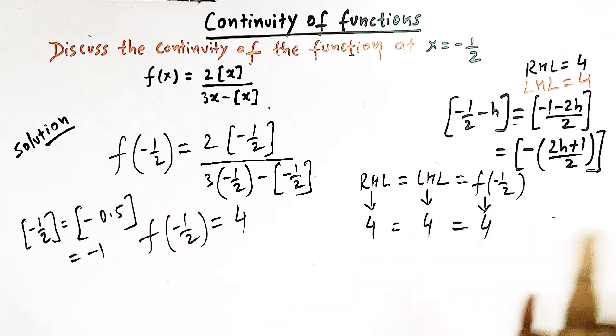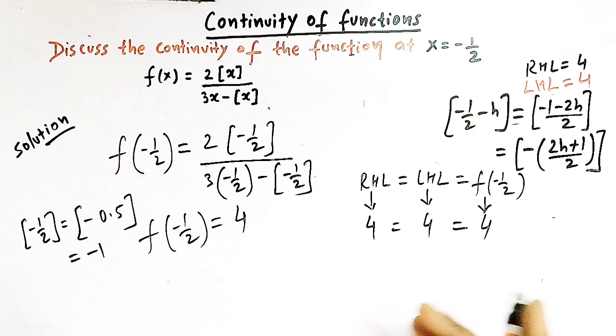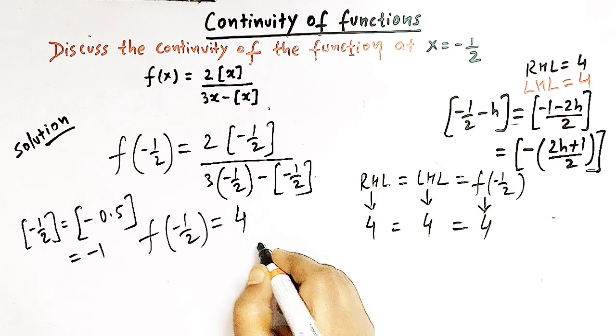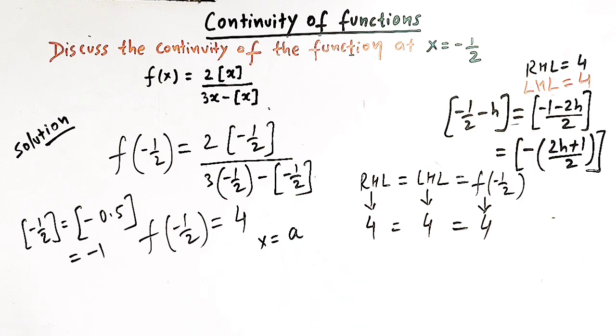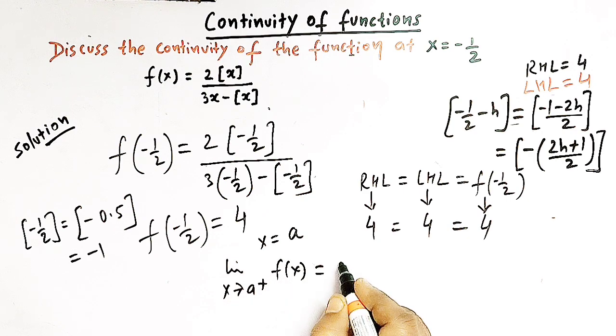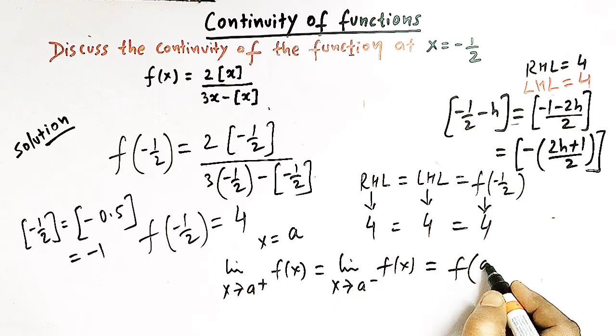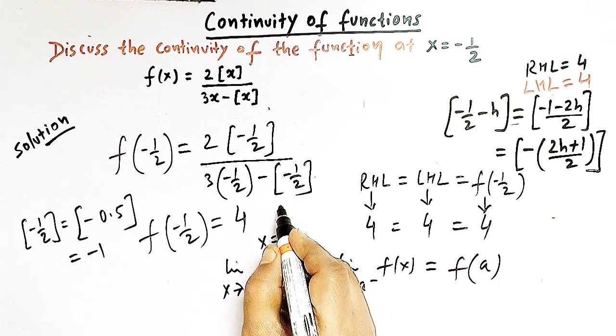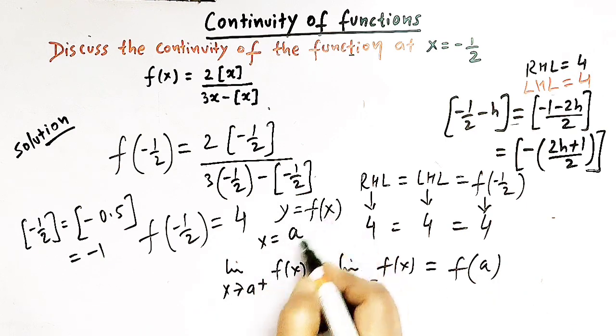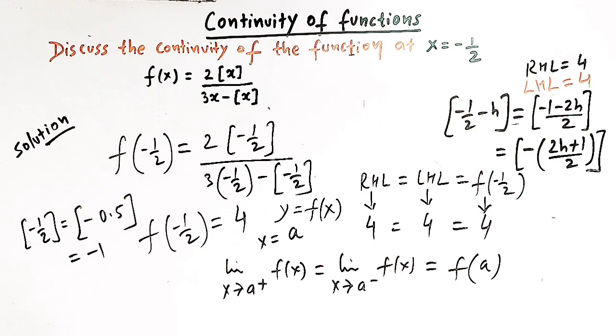And we can claim, due to the definition of continuity of functions, a function is said to be continuous at some point, say x equal to a, if the right hand limit, that is the limit x tends to a positive of f of x, is equal to the limit x tends to a negative of f of x, that is equal to the value of the function at x equal to a. So here we have taken the function as y equal to f of x.